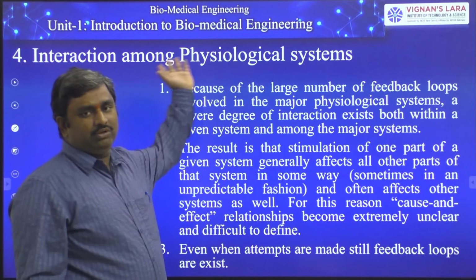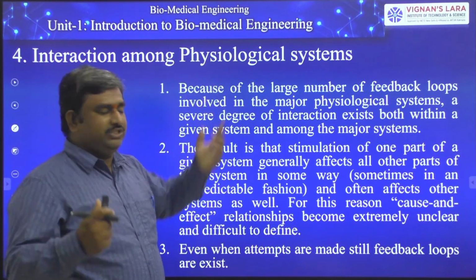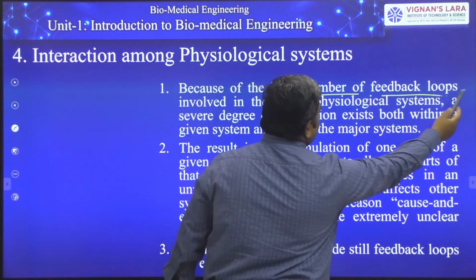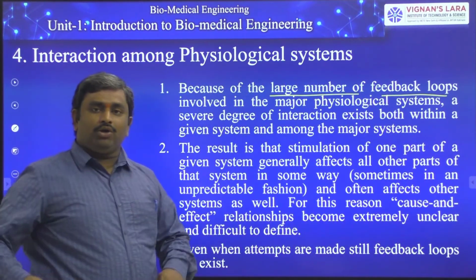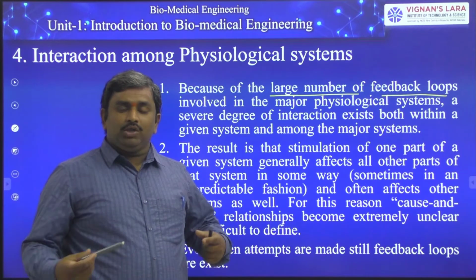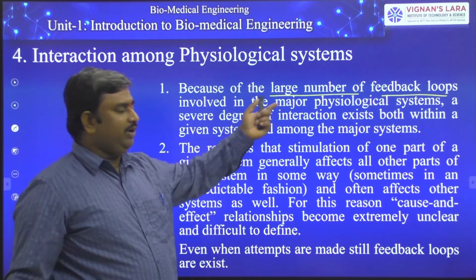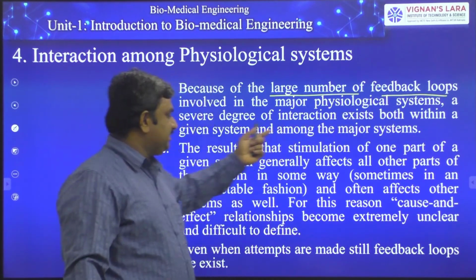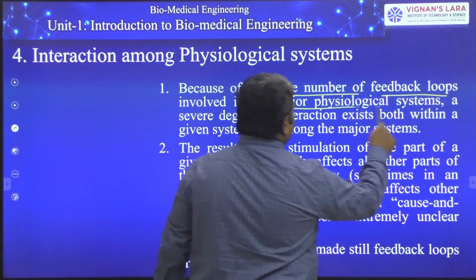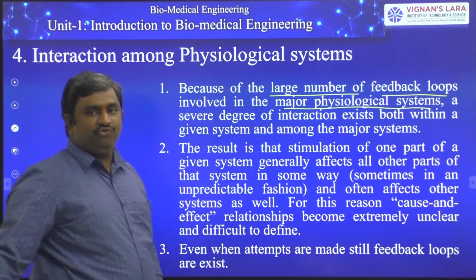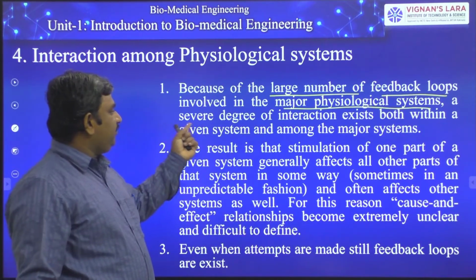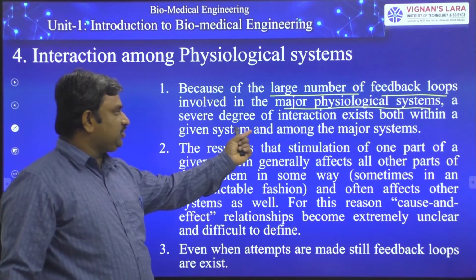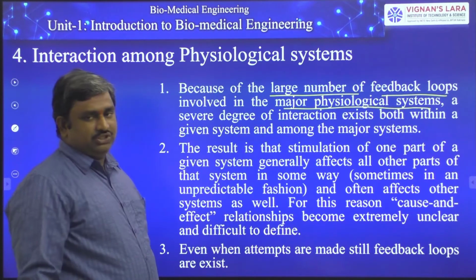So we have to know the relationships between the physiological systems, because a large number of feedback loops are involved in the major physiological systems. A severe degree of interaction exists both within a given system and among the major systems.